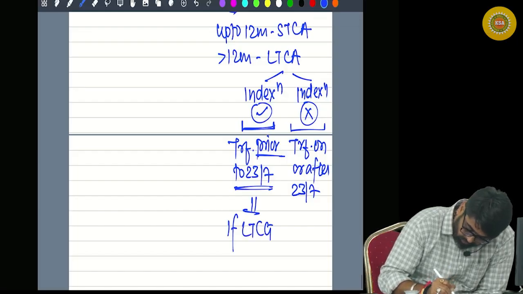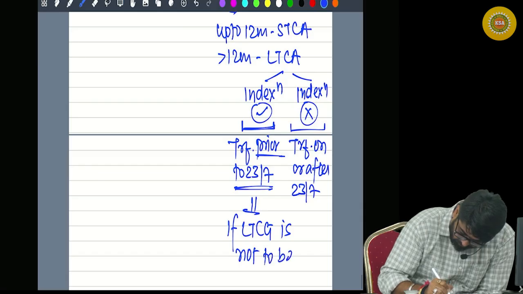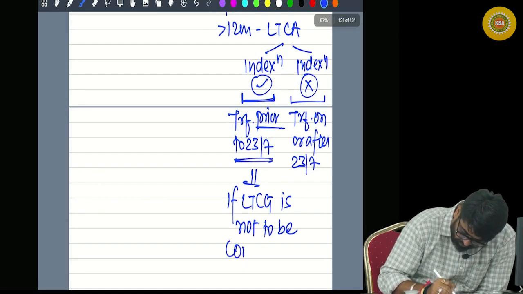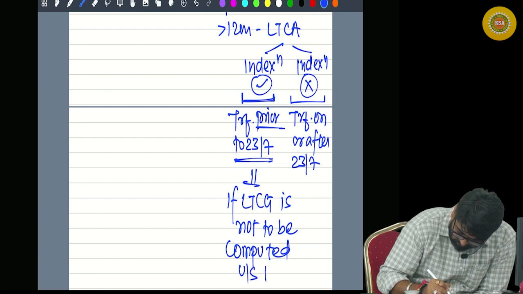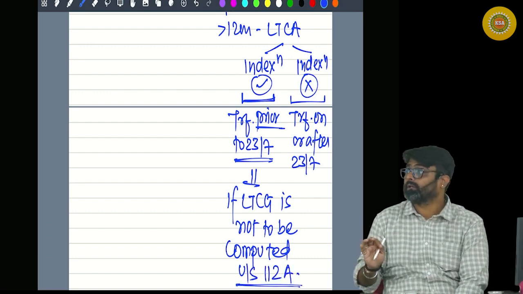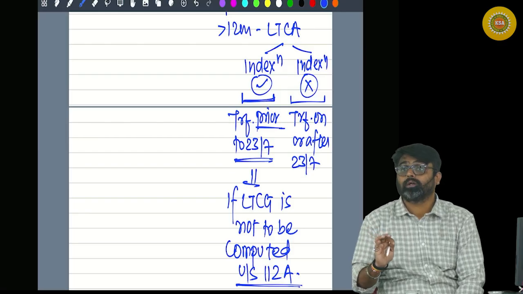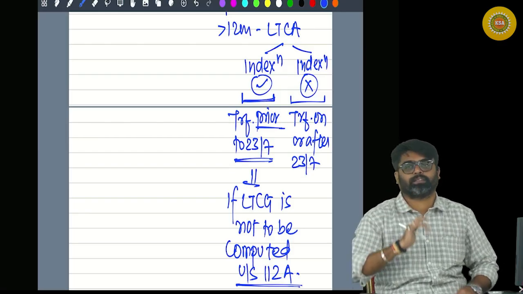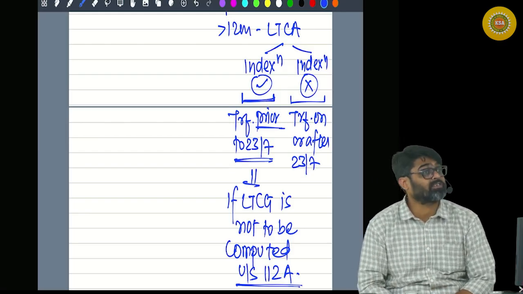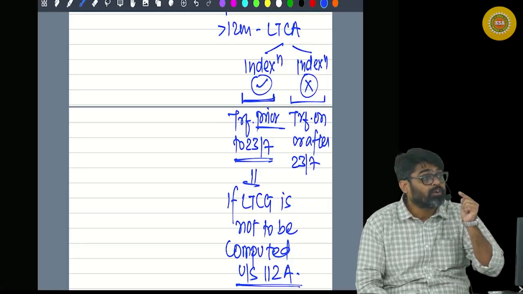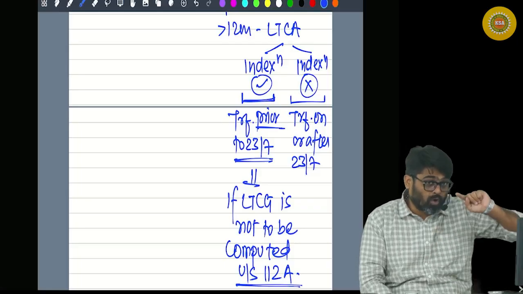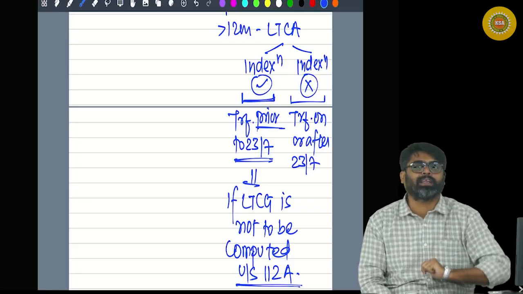LTCG is not to be computed under section 112A if the shares are not listed equity shares, or if the shares are not transferred through a recognized stock exchange on or after 1st April 2018.